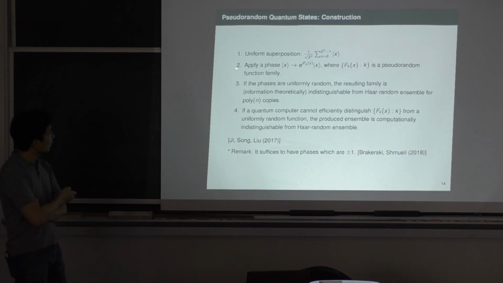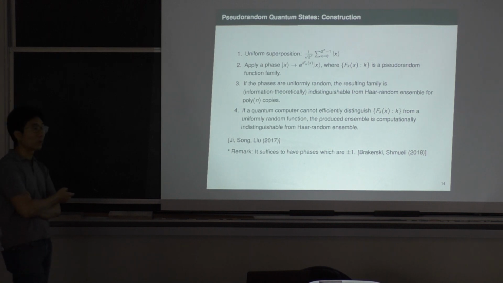The idea is the following. You start with a uniform superposition state, and you apply a pseudo-random phase. Imagine that on your computer you have random number generators, and you apply random phases based on those.